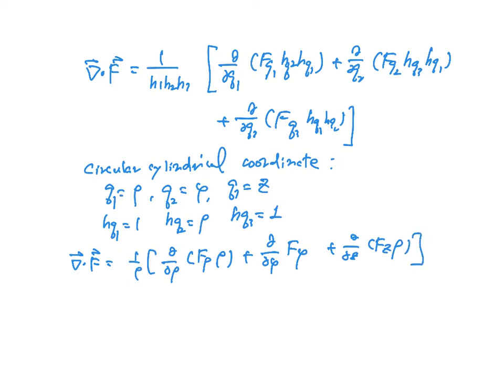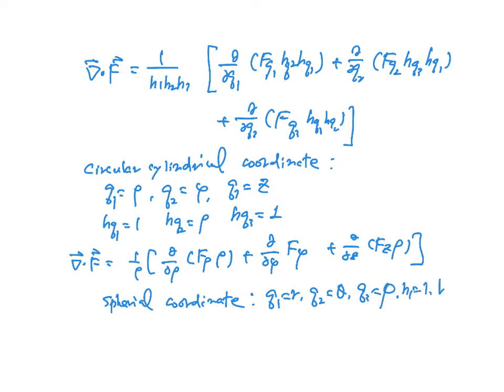Spherical coordinate. Q1 is r, Q2 is theta, Q3 is phi. H1 is 1, H2 is r, H3 is r sine theta, right?